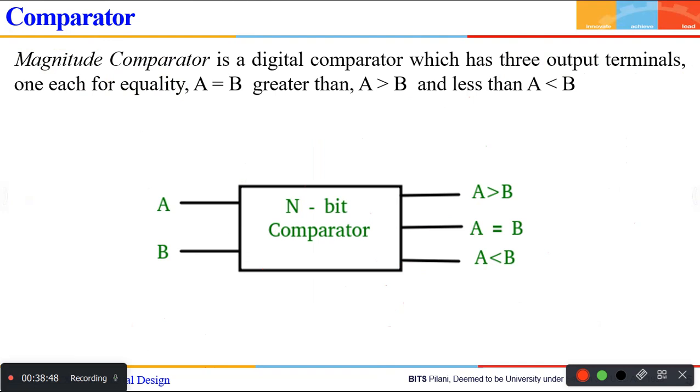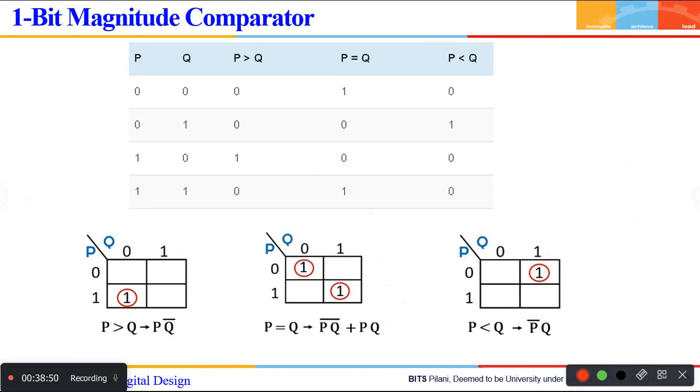Now this slide is self understandable. You have 2 inputs. This is a single bit comparator. Single bit comparator means definitely input will be 2, yes or no? Always you compare between 2 bits, right? Input will be 2, output will be 3, right?